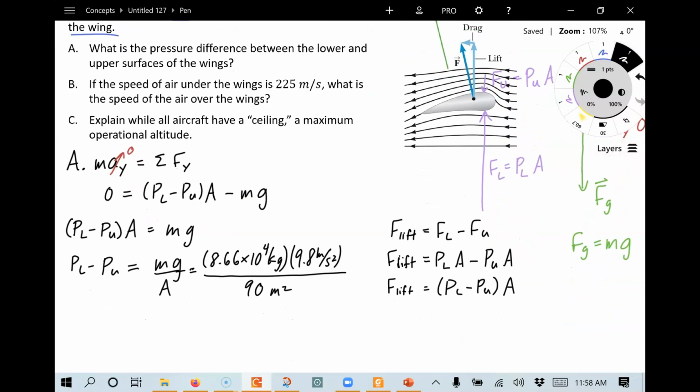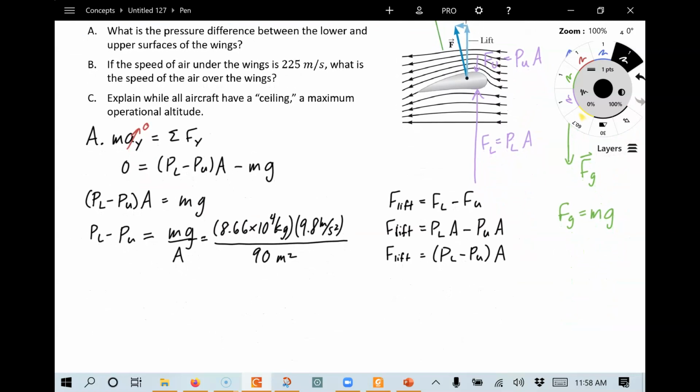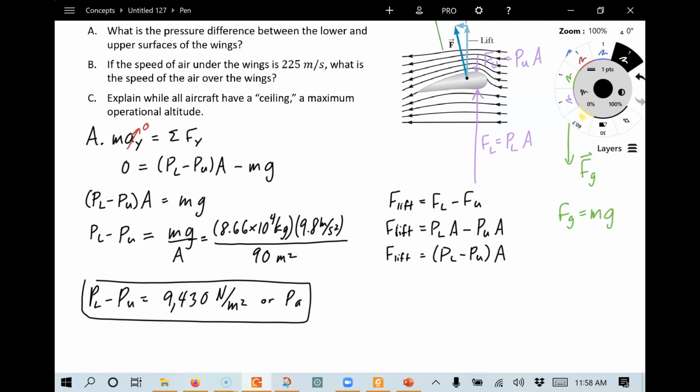When we put that into the calculator, we get a value here. PL lower minus P upper is equal to about 9,430 newtons per meter squared, or we can write this as pascals if we want. So that's the answer to part A.